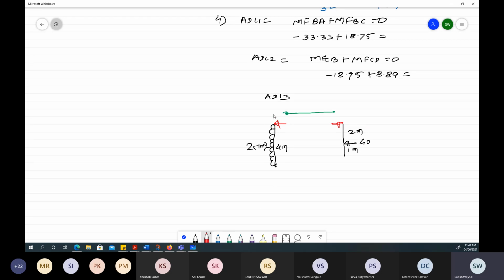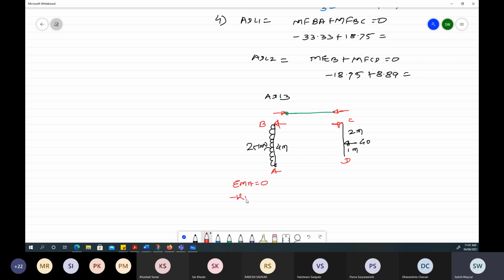Whatever the reactions are there, this will be transferred to this only in BC. Remember, B to C is there. Here this is B, this is C. So what will be this RB here? In that case, we take moment at E equal to 0 directly.